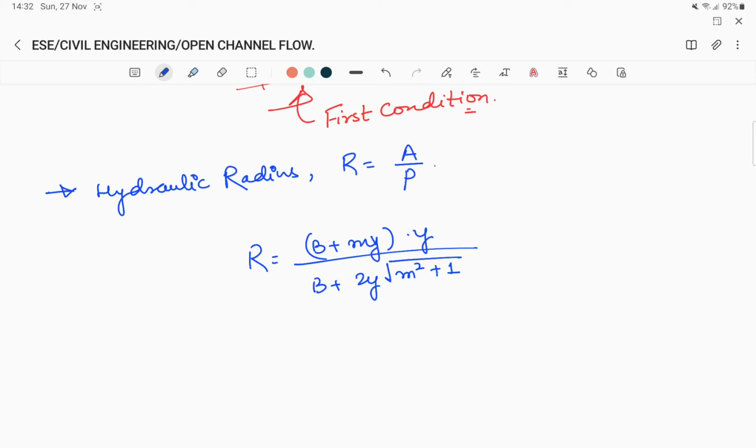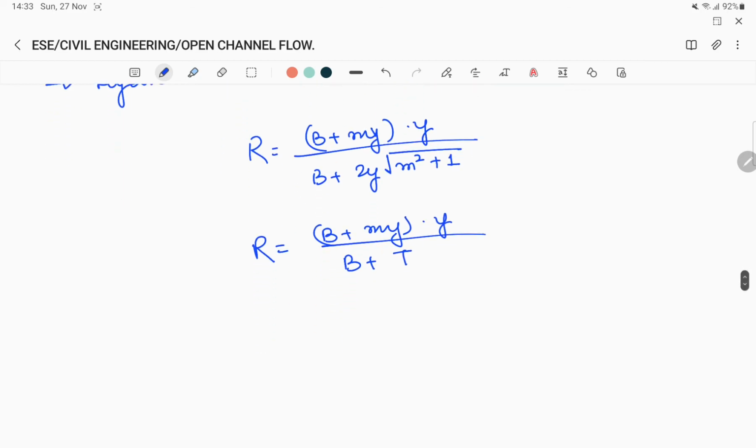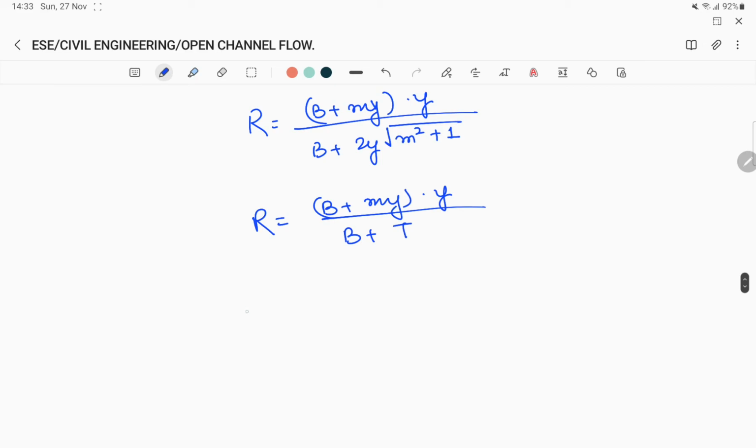Now we have already proved that 2 times y under root m square plus 1 is equal to top width. So we can write R is equal to (B plus my) into y divided by B plus top width. And what was the top width? Top width was B plus 2my. So let us put that: (B plus my) into y divided by (B plus 2my).